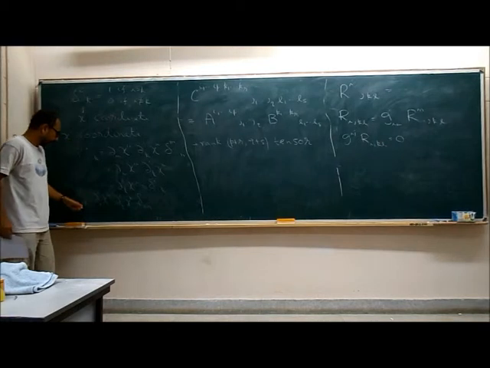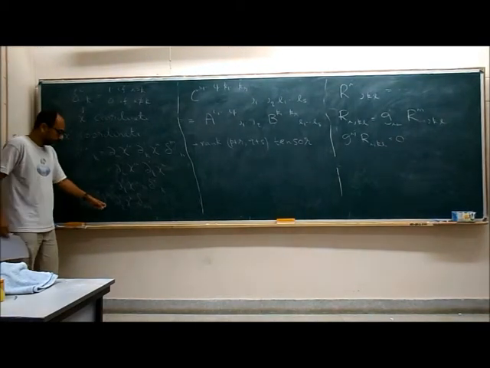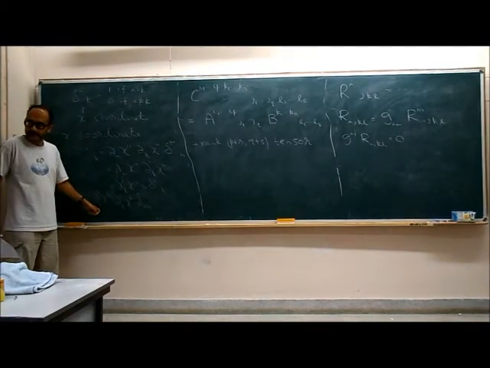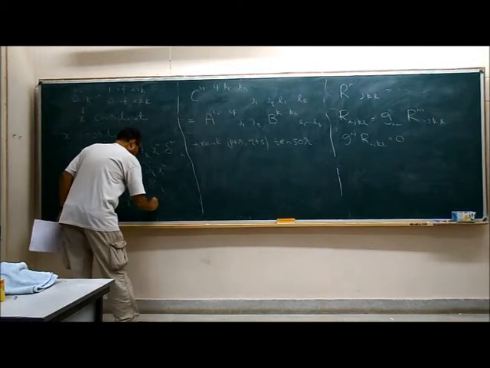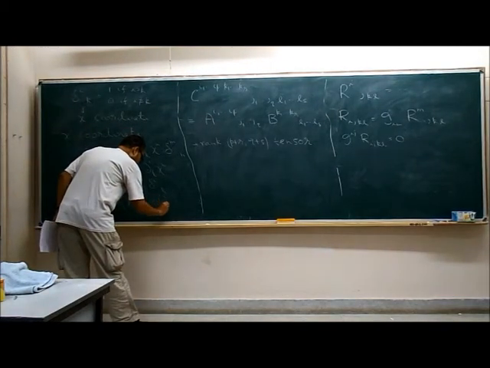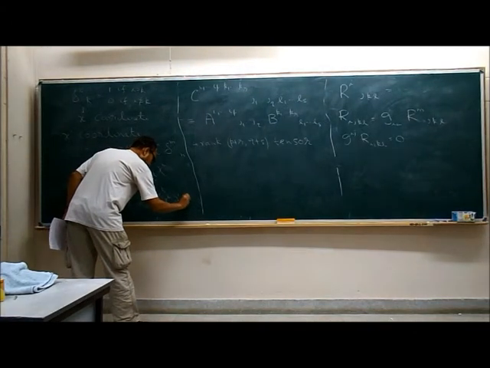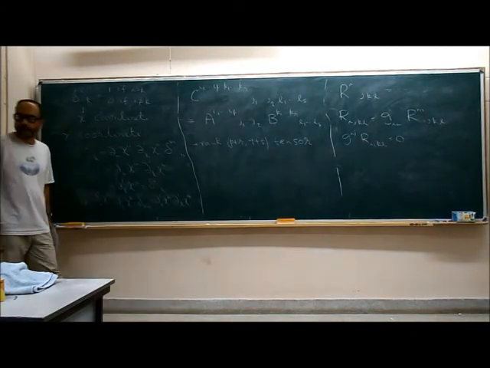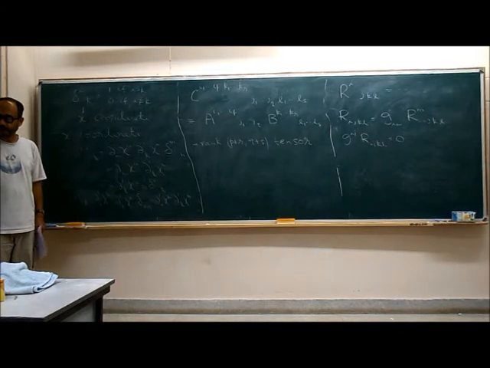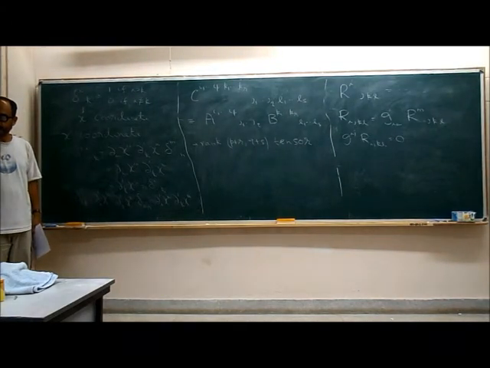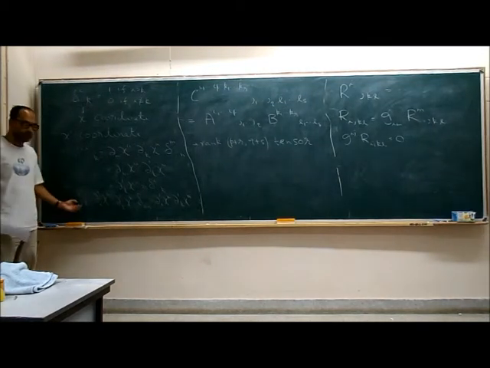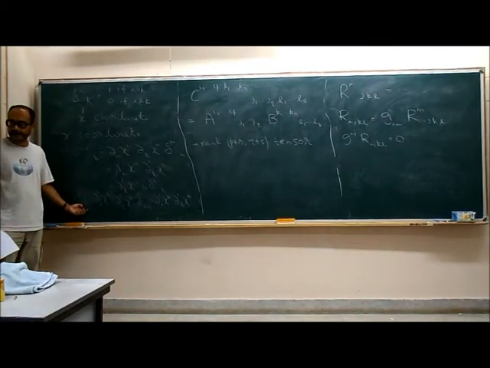But this quantity is not delta ik, because this is del prime i x m del prime k x m, which has no simple property. So delta prime ik will be a complicated function of x in general.